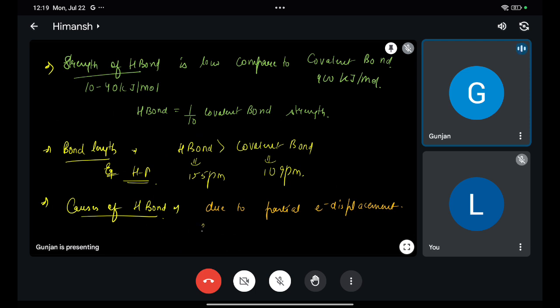The element gets a partial charge, and there is bond correlation, right? Like H-A partial positive, partial negative; another H-A partial positive, partial negative. The positive and negative attract each other.